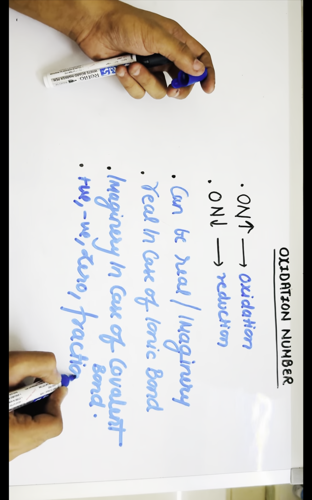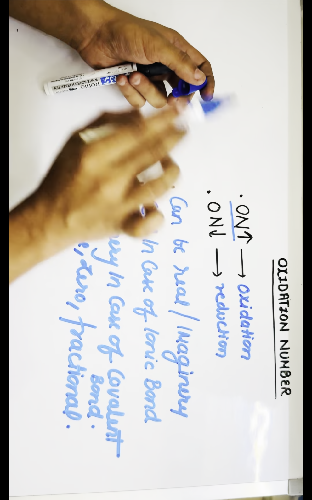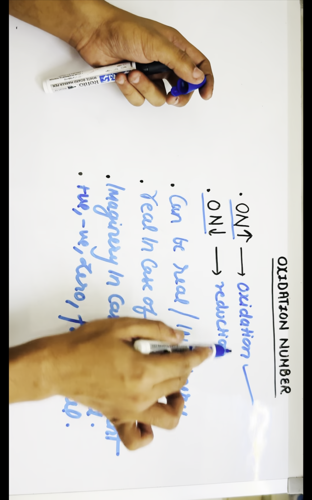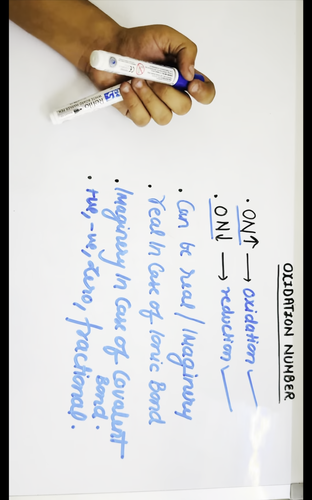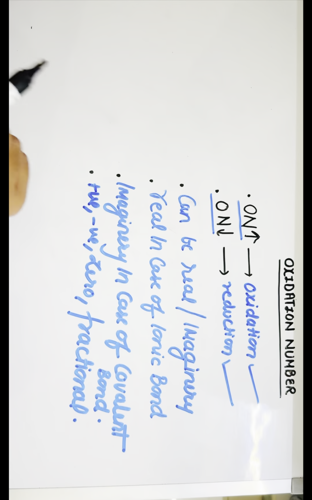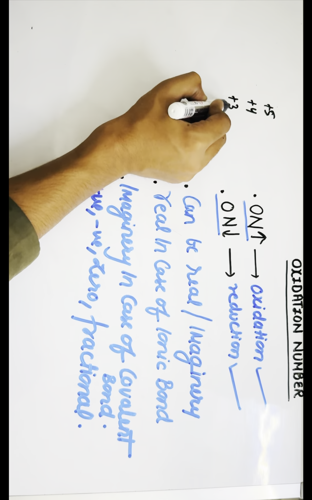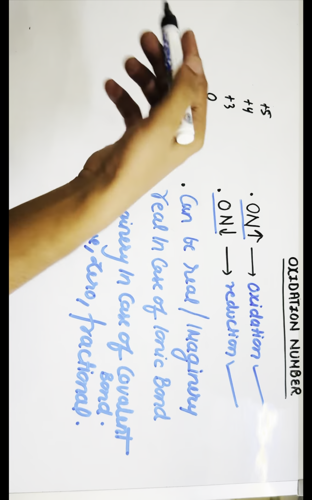Now focus on the first point. If the oxidation number is increasing, it means oxidation. If the oxidation number is decreasing, it is reduction. In the first lecture, I gave you a table: plus 5, plus 4, plus 3, 0, minus 1, minus 2, or something like this.